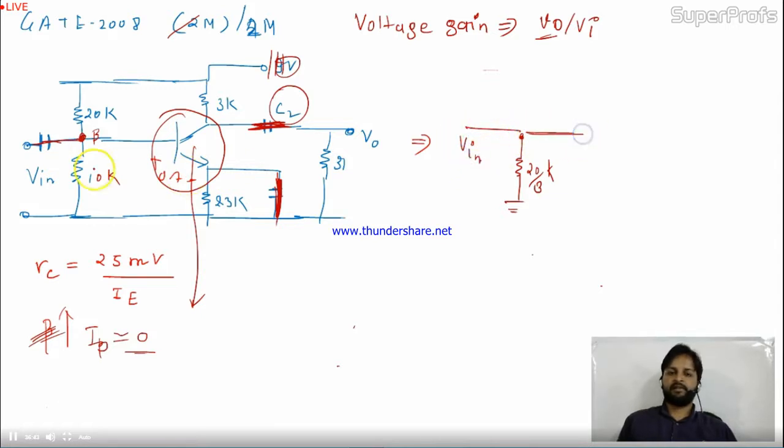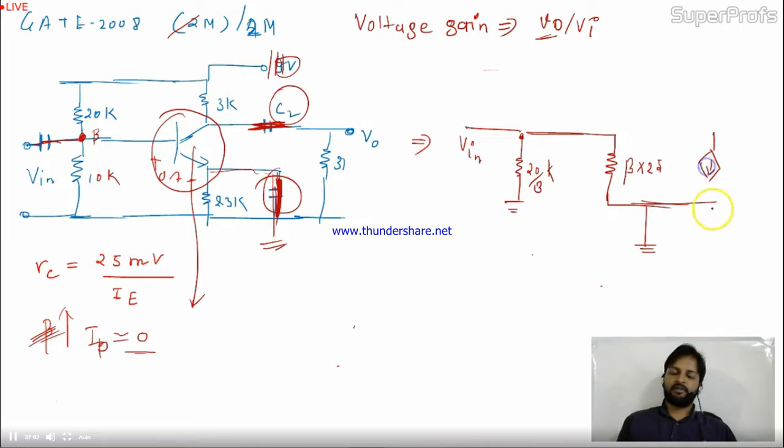Here, this is the transistor territory. In the transistor territory, you get beta RE, where RE is 25, as calculated. Over here, this is the emitter, and that emitter is grounded, right? Because you shorted the capacitor. Now come to the collector, and in the collector, this is beta IB.